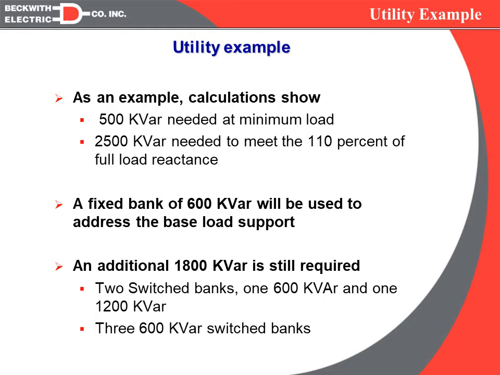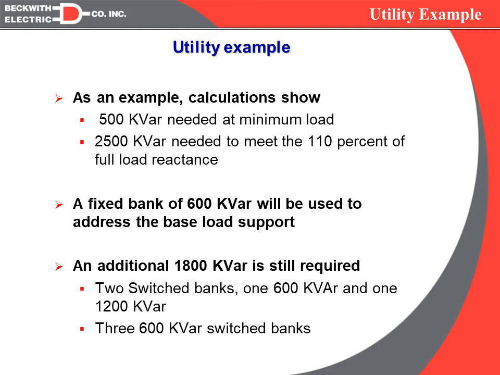As an example of how they would calculate the numbers, let's say that their load flow and their historical data shows that this particular circuit requires 500 kVAR at no load, and 2500 kVAR at 110%. We would take the 500 and make that a 600 kVAR bank, and that would be the fixed bank used.